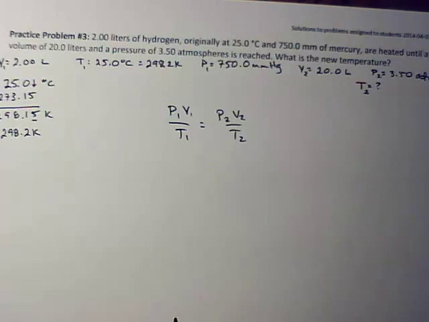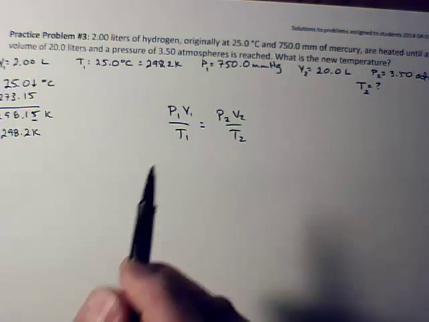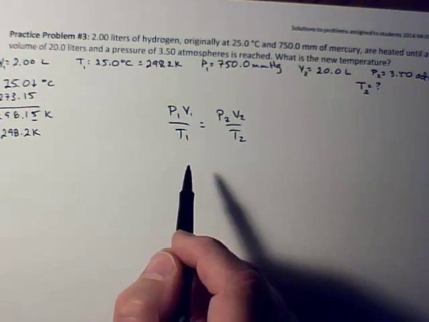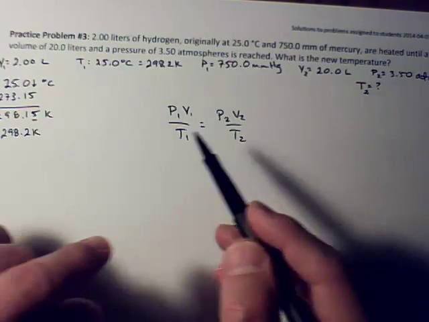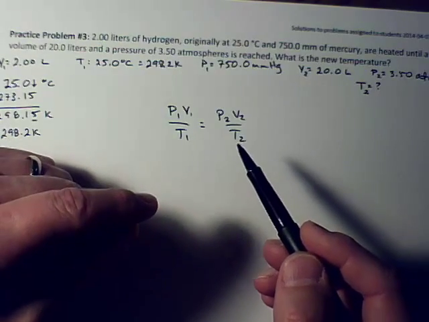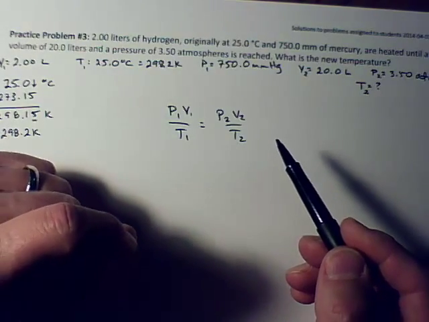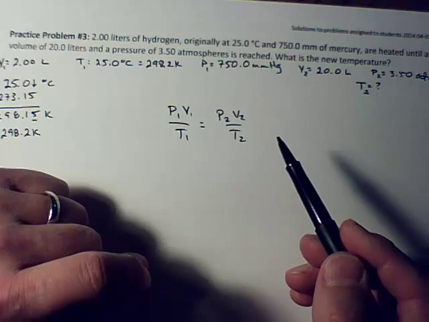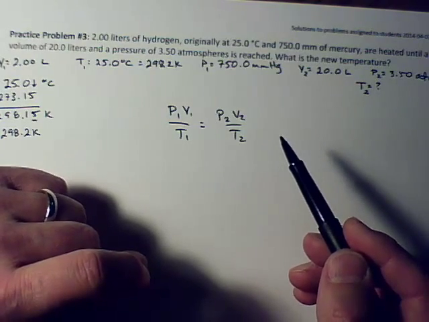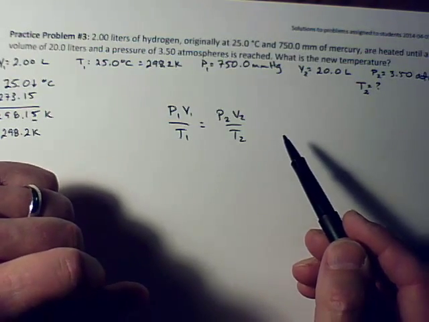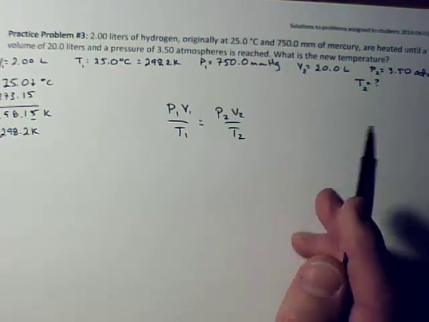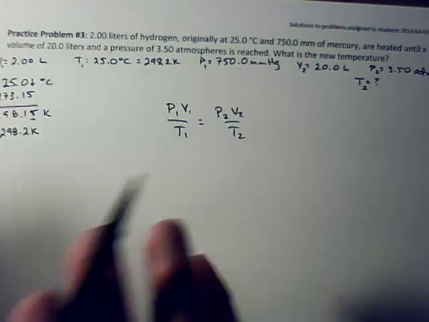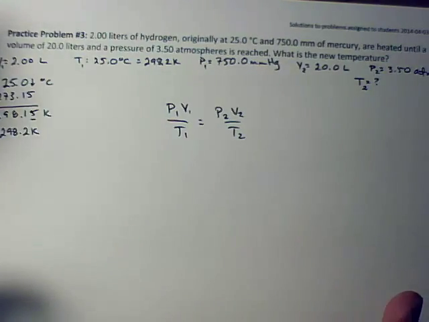The only problem we're going to have right now, and you might see it now and know you have to fix it, or you might start the problem and see you need to fix it. It's okay. If you're putting it all in and you start to do the math and realize you can't cancel your pressure units, then you know you've got to convert your pressure units. You may have already done that to start with, which is great if you noticed ahead of time.